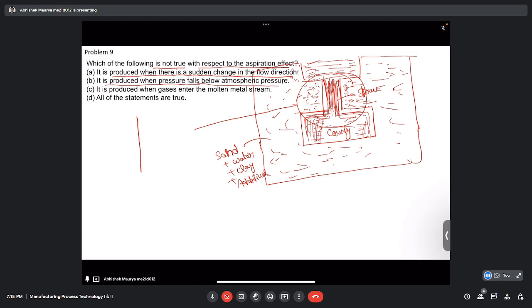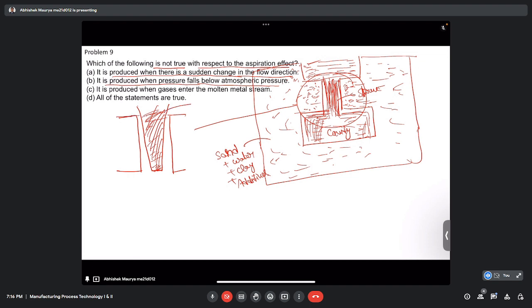Now I have made a vertical channel, or vertical sprue. If molten metal falls from the top, and you see the shape of the flow of molten metal, it will be something like this. Why does this shape happen? You can remember your fluid mechanics.